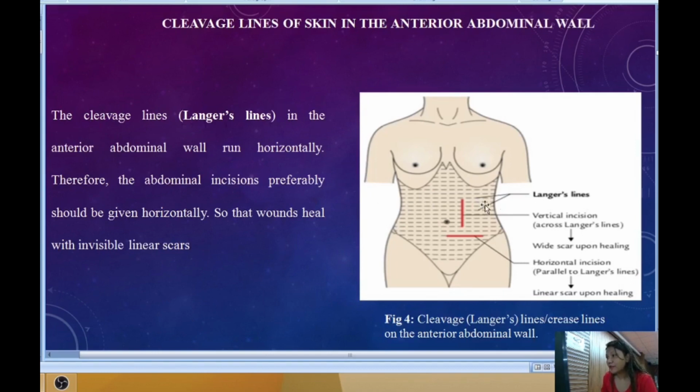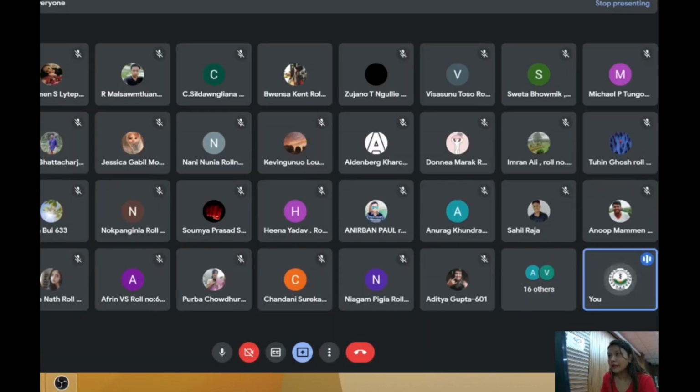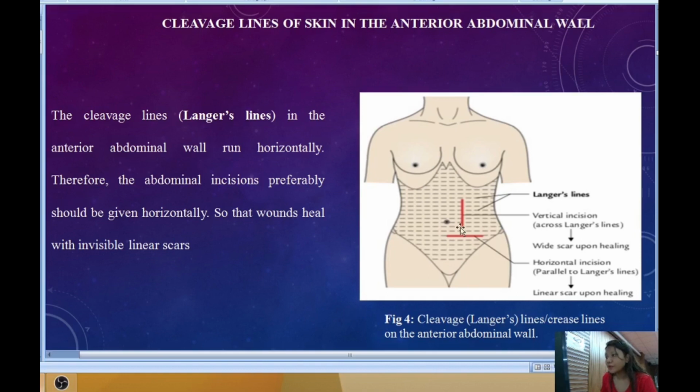You can see these horizontal lines. Abdominal incisions are preferably given in the cleavage line so that healing is good.